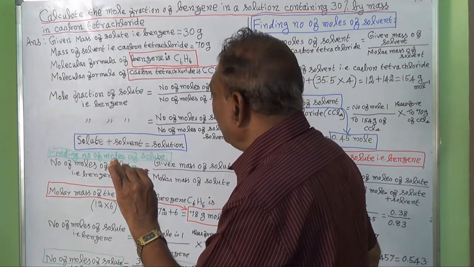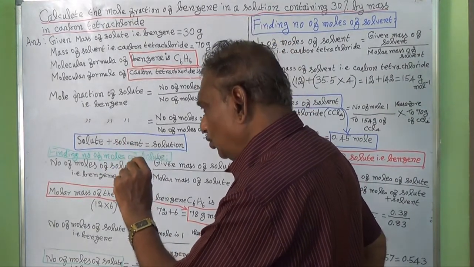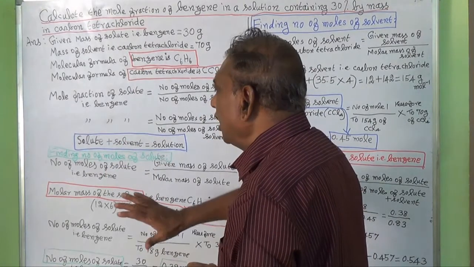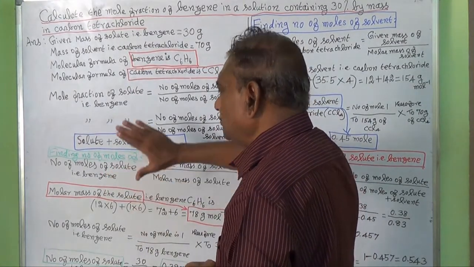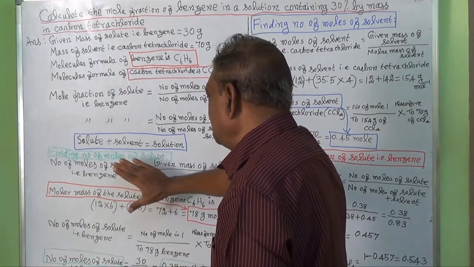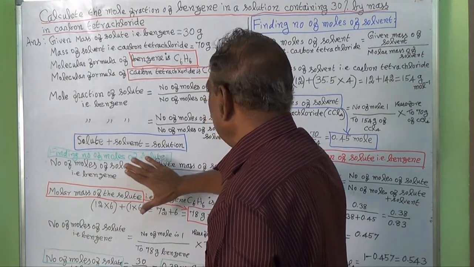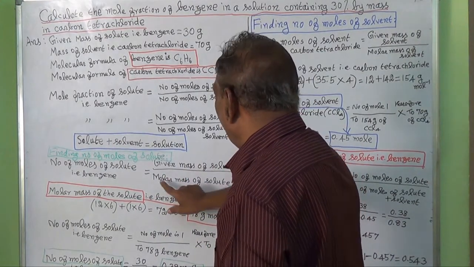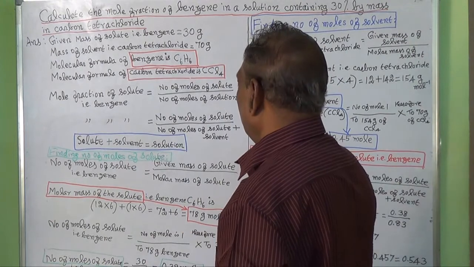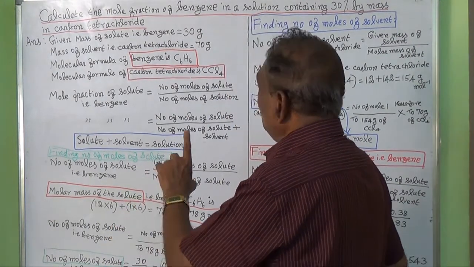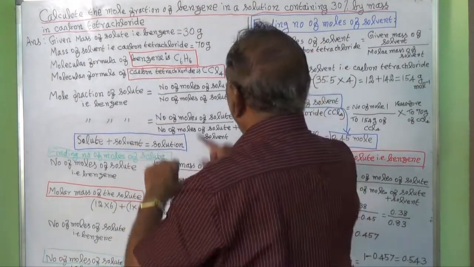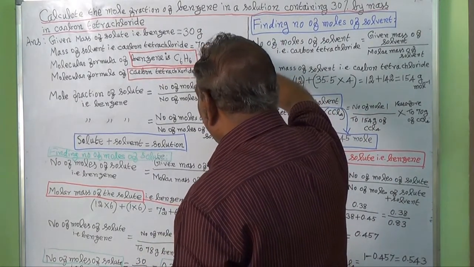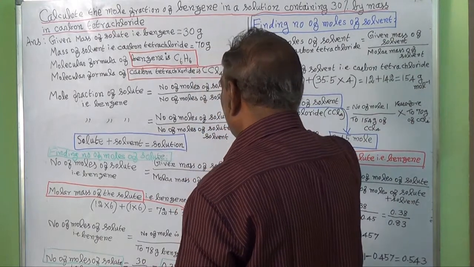In order to find the number of moles of the solute, first of all we have to write the formula for the number of moles of solute, that is benzene, C6H6. Given mass of the solute by molar mass of the solute. In the sum, the mass of the solute is given as 30 gram. So we can substitute 30 gram in the place of the mass of the solute.